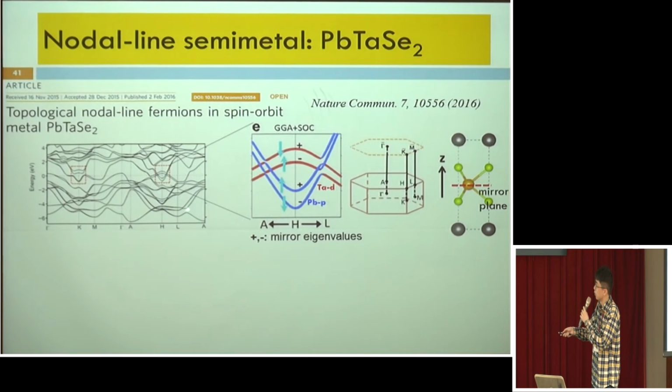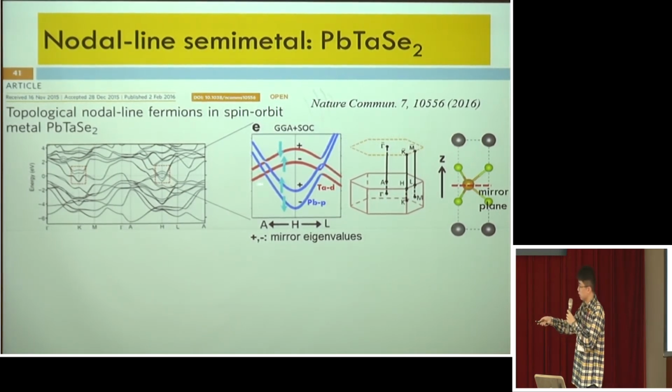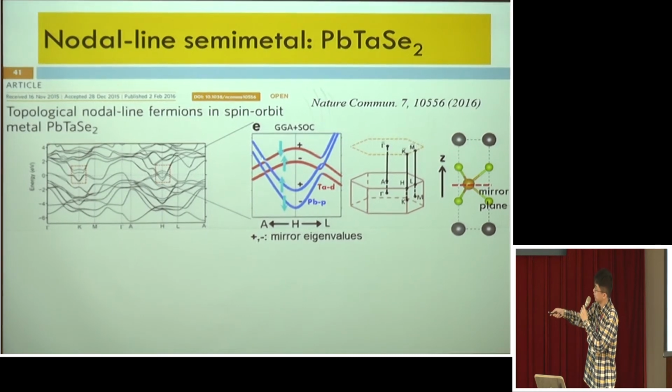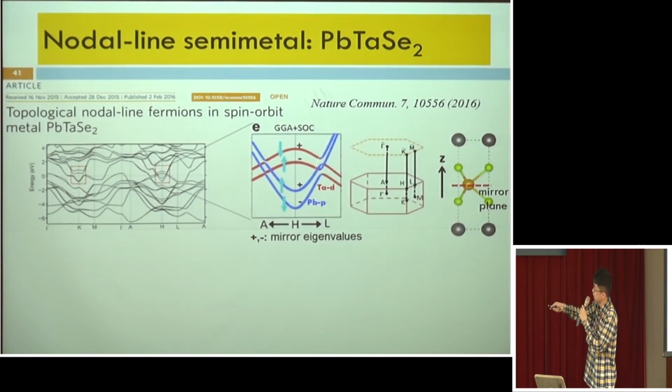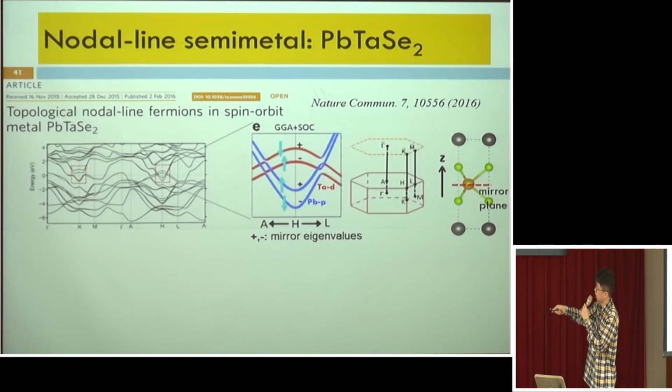This is the bulk band structure. It's quite complicated, so we only need to focus around the H point. The H point is the corner of the hexagonal Brillouin zone. Around the H point, the main contributions are from the selenium p electron-like band and the tantalum d orbitals.